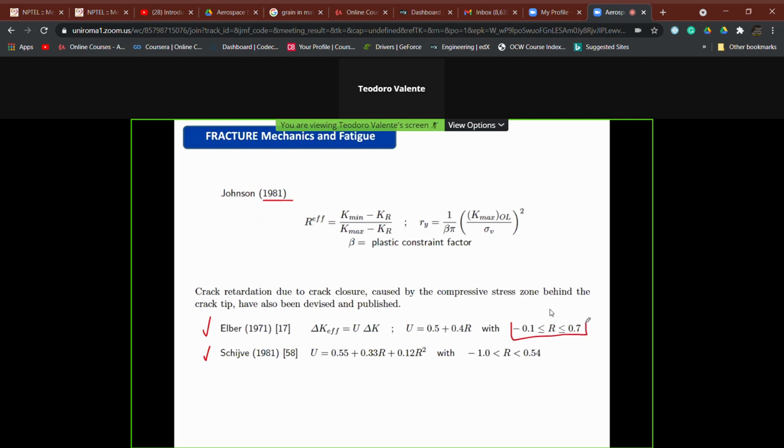The meaning of R is the ratio between the two values of the stress intensity factor which are linked to the fatigue life cycle.